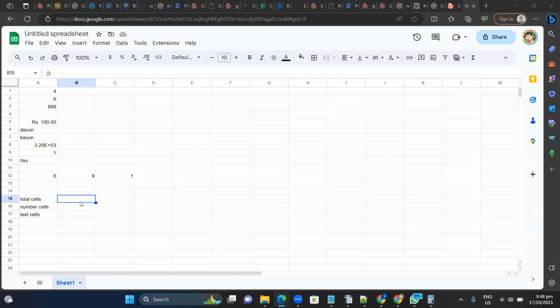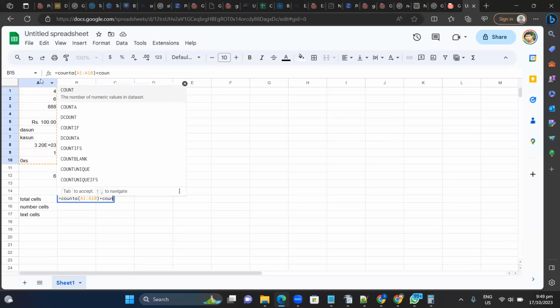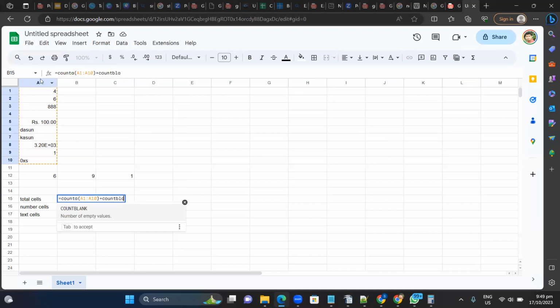Yes, exactly. If you want to count the total cells, use count A. That is the first correct answer. Count A, get the range A1 to A10, that is 9, plus count blank, the same range.